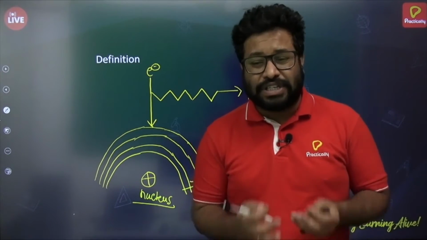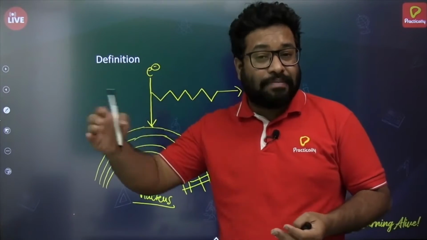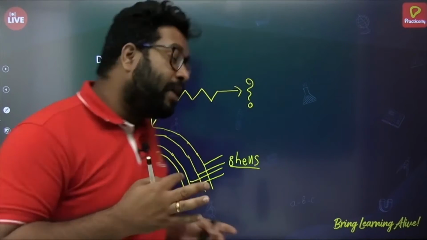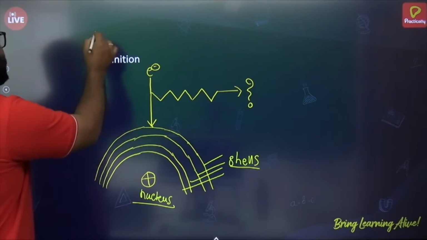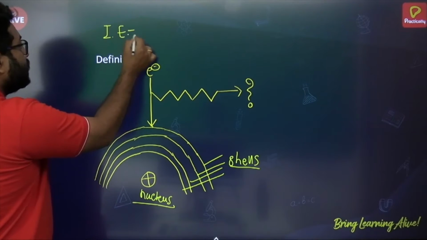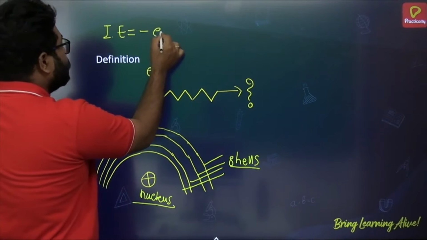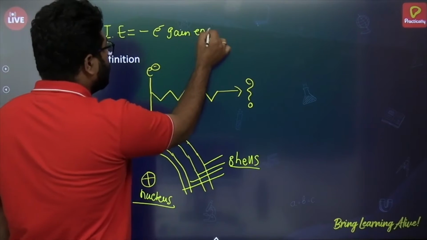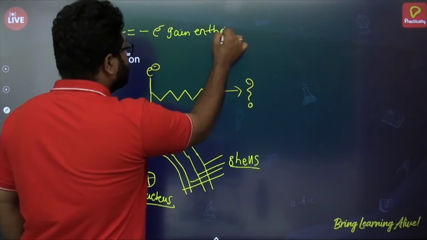As the name suggests, electron gain enthalpy, it is just opposite to ionization enthalpy. You can literally say that ionization enthalpy is equal to negative electron gain enthalpy.